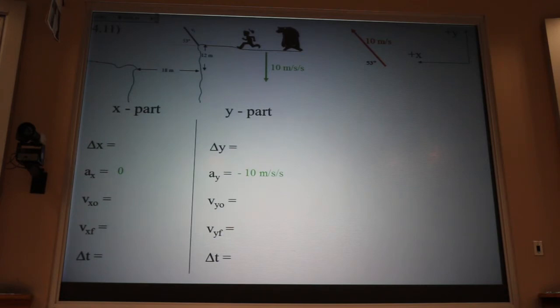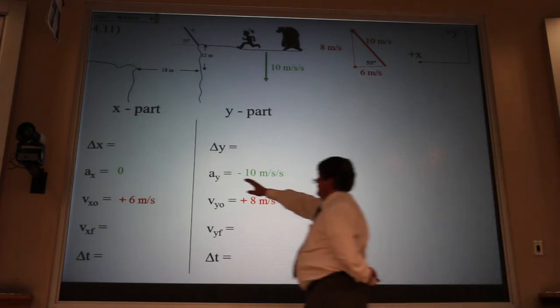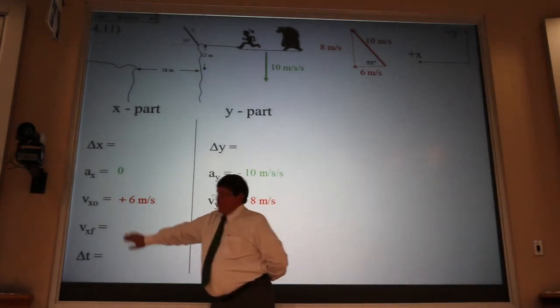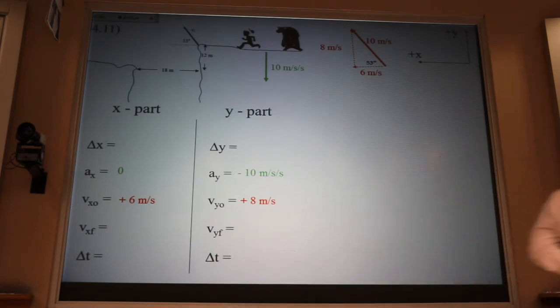I break up that initial velocity into its components, and I put them into the table where they belong. Now, because of this 0 here, I can also put 6 meters per second there. And now we're stuck.